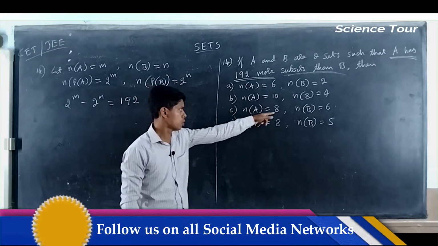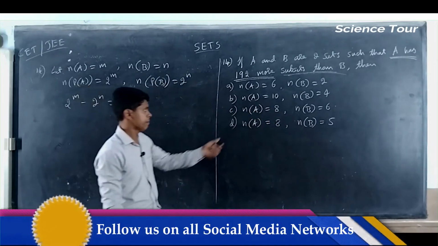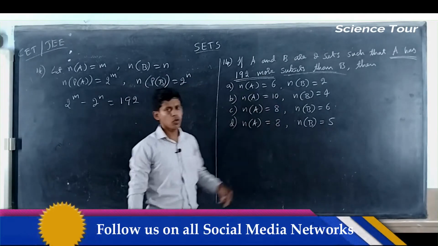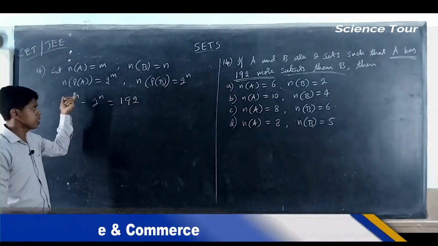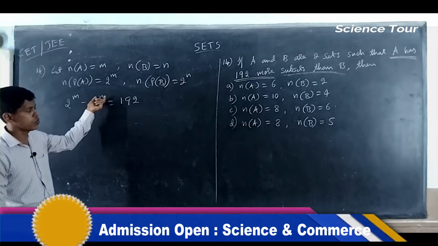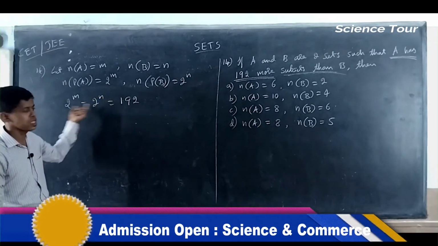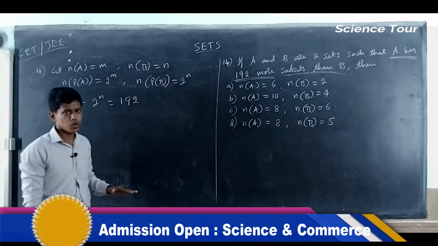So therefore we have to go for other options. Let us say 10 and 4. If you put 10 here, 2 raised to 10 minus 2 raised to 4, 2 raised to 4 is only 16, that doesn't give you 192.